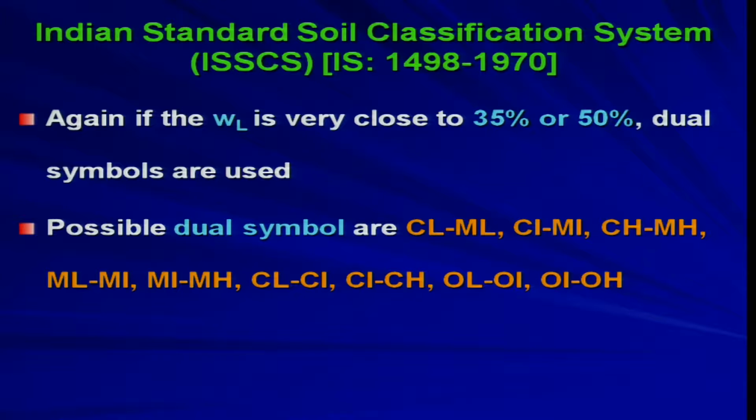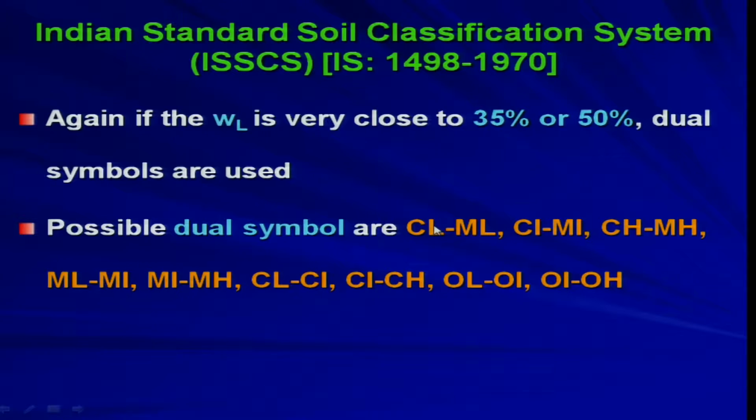The possible dual symbols are CL-ML. What do we mean by CL-ML? It is low plastic clay or low plastic silt. Similarly, CI-MI means intermediate plastic clay and intermediate plastic silt. Similarly, CH-MH, highly plastic clay and highly plastic silt.